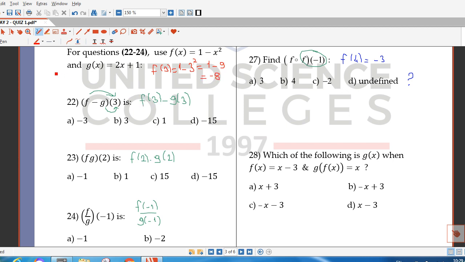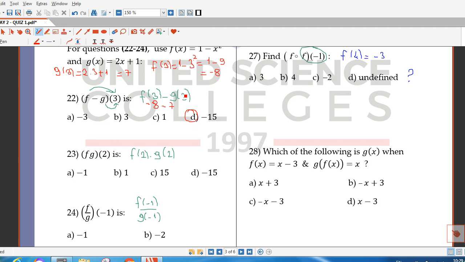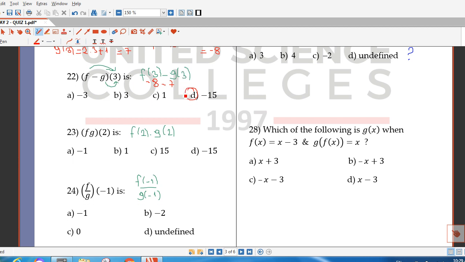And I also need to find g of 3. G of 3 is twice of 3 plus 1, 7. And if I write the value that I have, negative 8, negative 7, the operation is going to be negative 15.